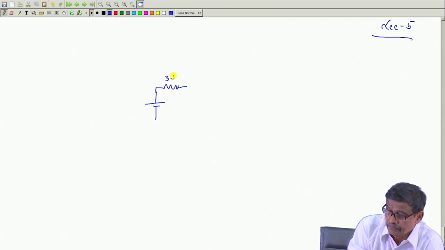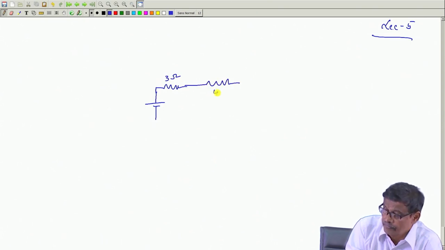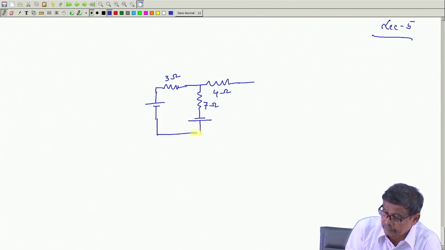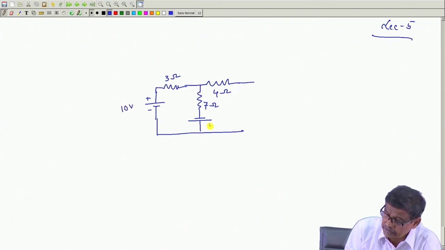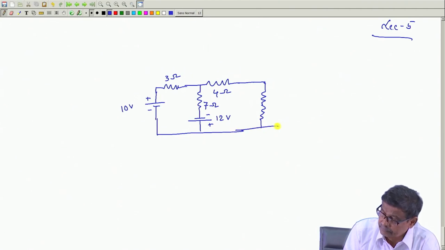Say this is 3 ohm, this is 4 ohm, this is 7 ohm, this is plus minus 10 volt, this is plus minus 12 volt, and this is another resistance, say 18 ohms.